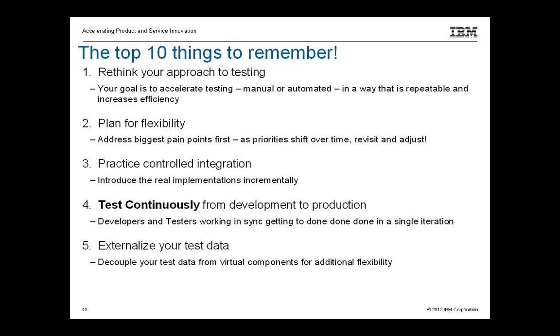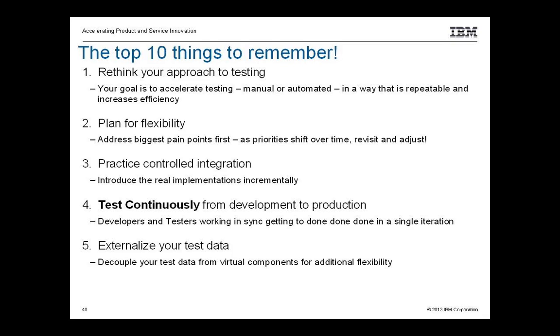Practice controlled integration. One customer at Innovate, in June of this year, shared that in a performance testing model, they had an enterprise service bus, and they virtualized all the endpoints. They were able to benchmark the system using these virtual components so that it met the SLA.